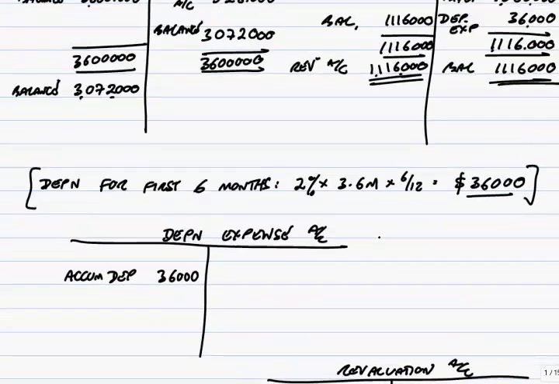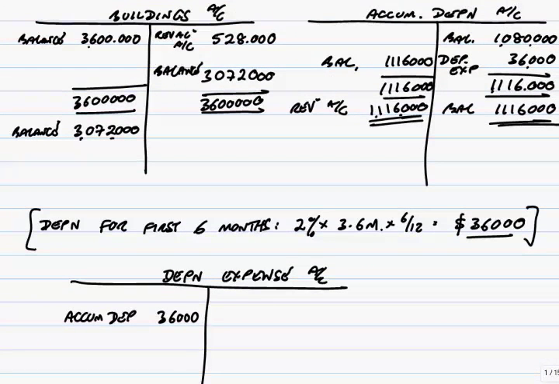However, we're not quite there. We've revalued. If we were to draw a balance sheet today, then the value is 3.072 million. However, we've done this at 30th of June. Our year end isn't till December, and we have to depreciate. Normally, obviously, you depreciate based on original cost or reducing balance.